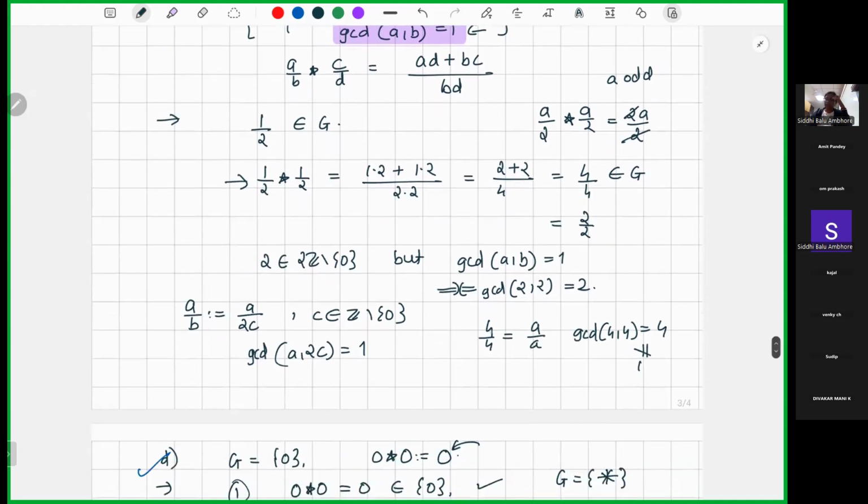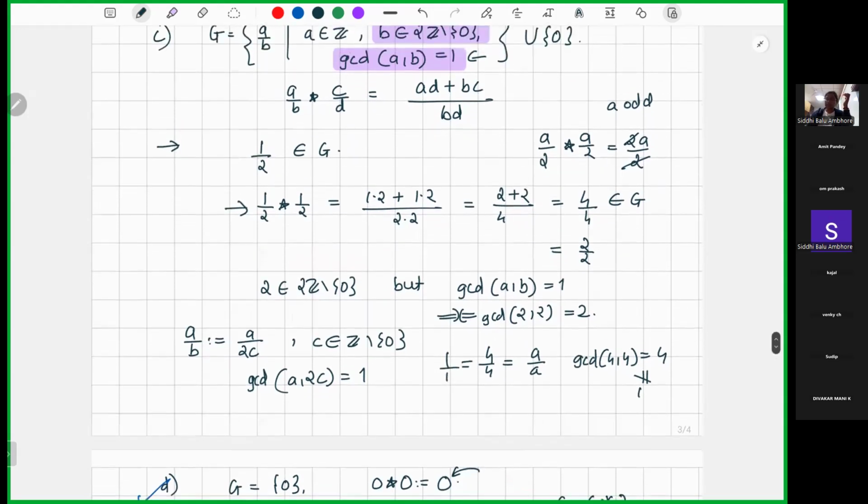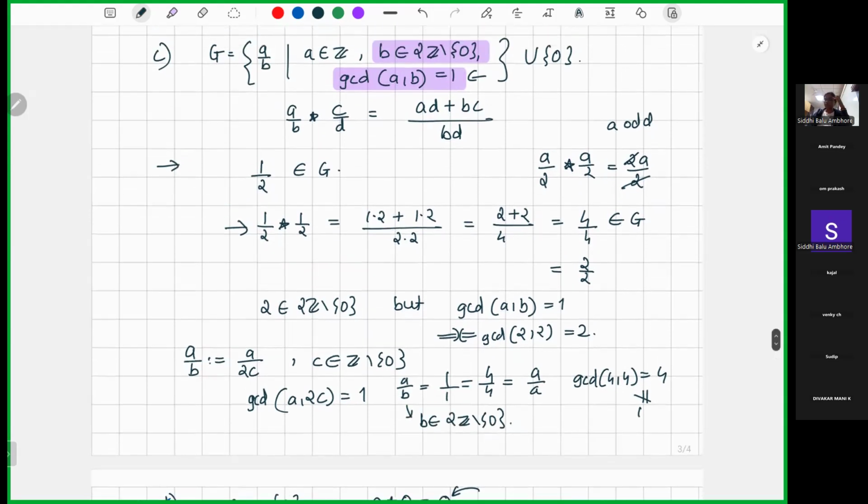And if I make the numerator and denominator 1 and 1, then this second condition is not satisfied. So B belongs to 2Z minus 0 is not satisfied in this case. Is this okay? Okay, ma'am. Thank you.